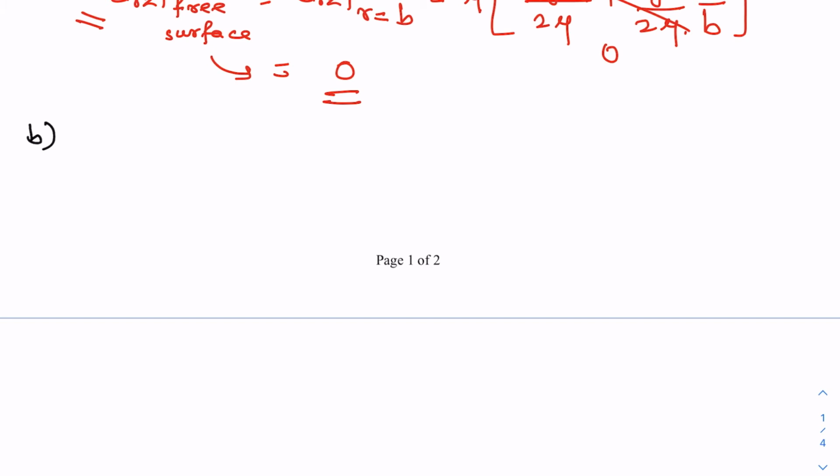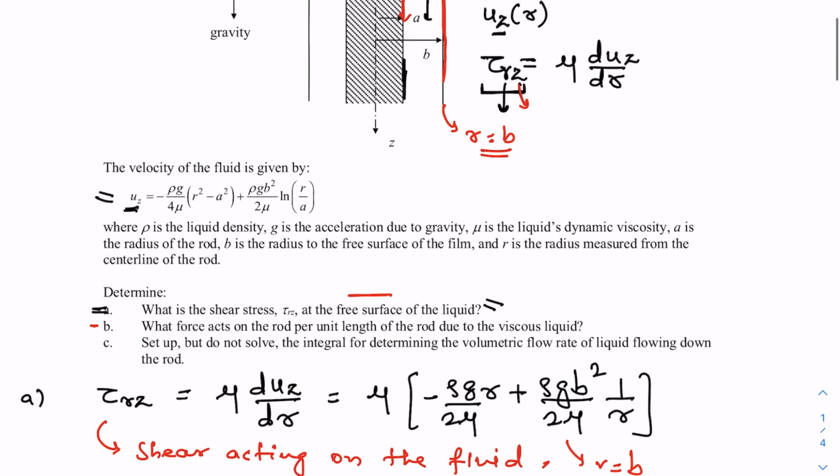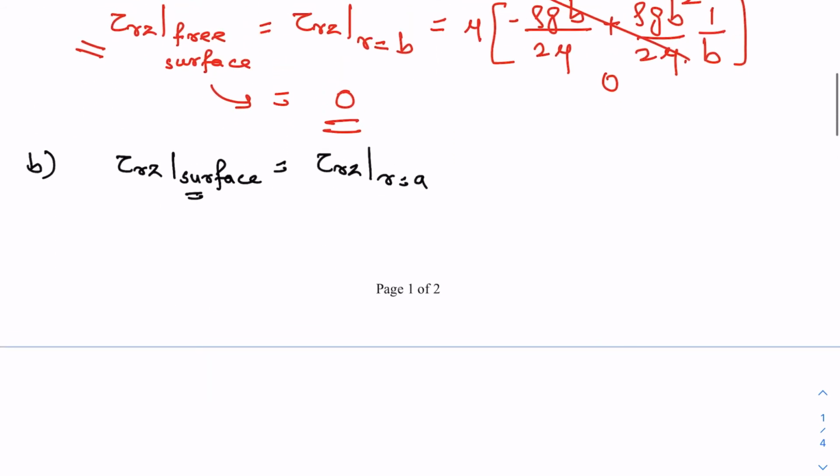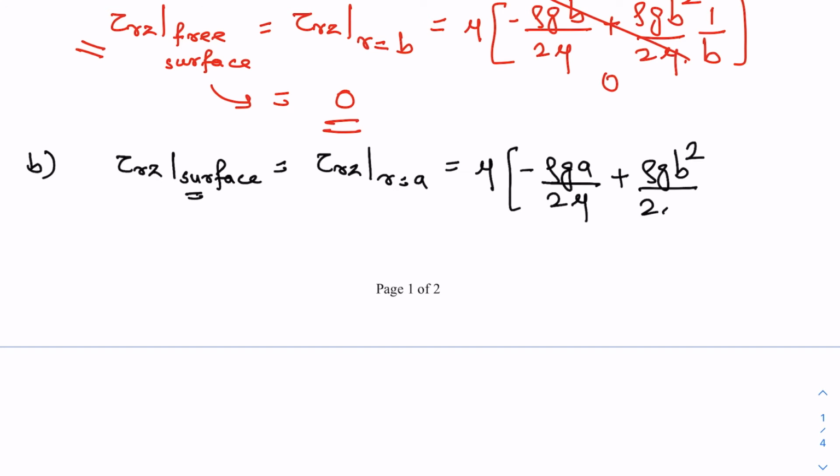So we need to find tau rz at r equal to a, which is at the surface of the rod, and this comes out to be minus rho g a by 2 mu plus rho g b square by 2 mu a, times mu.